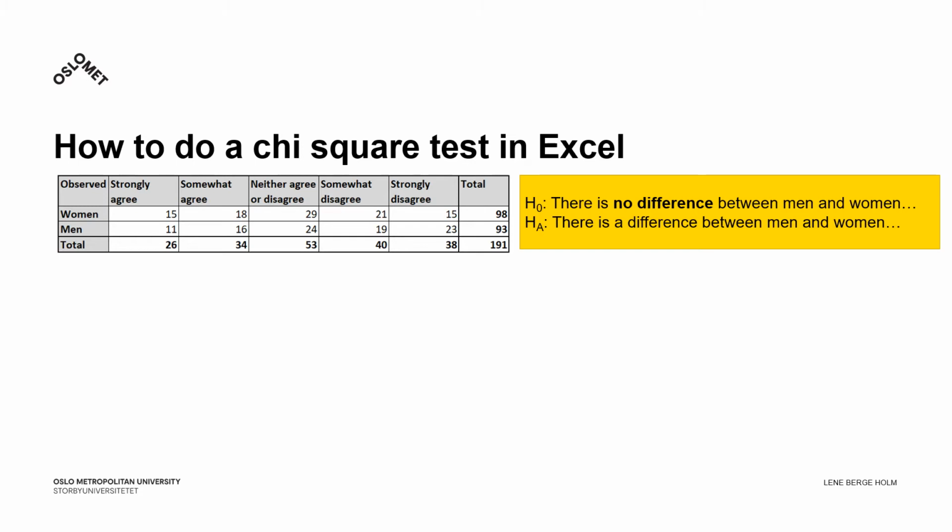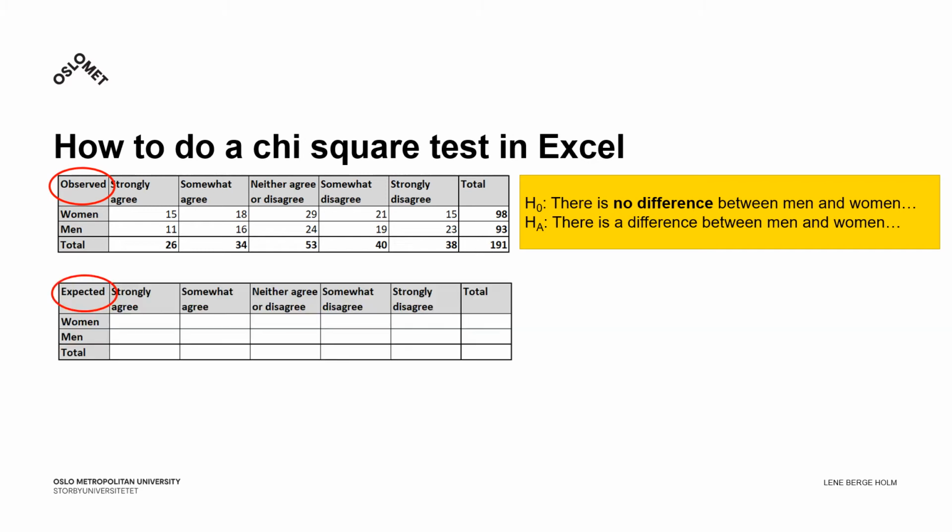So there is no difference between men and women in whether they eat healthy, for example. And the alternative hypothesis is that there is a difference between men and women. So these values here, that is what I have observed. That is the responses on my questionnaire.